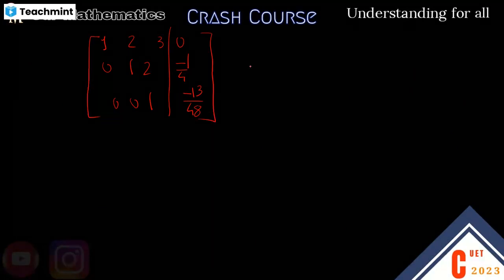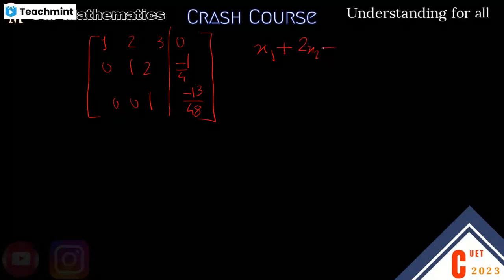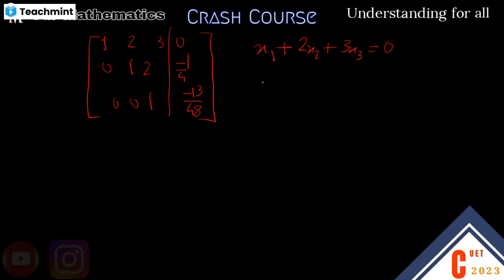So we get x1 plus 2x2 plus 3x3 is equal to 0, 0 into x1 plus x2 plus 2x3 is equal to minus 1 by 4, 0 into x1 plus 0 into x2 plus x3 is equal to minus 13 by 48.